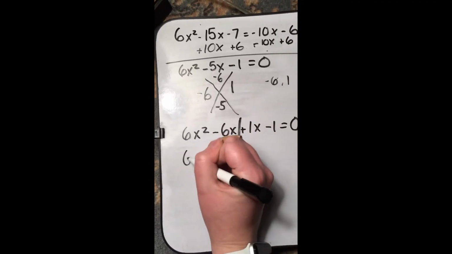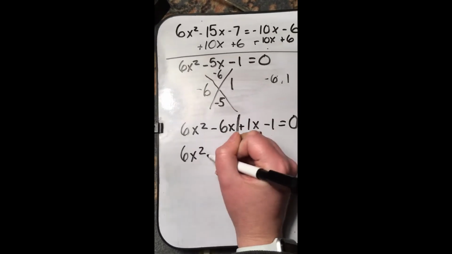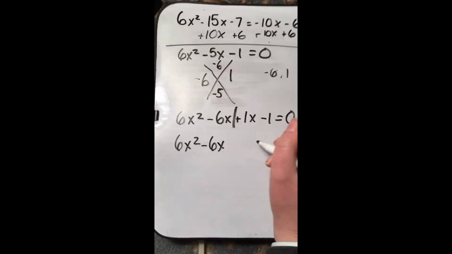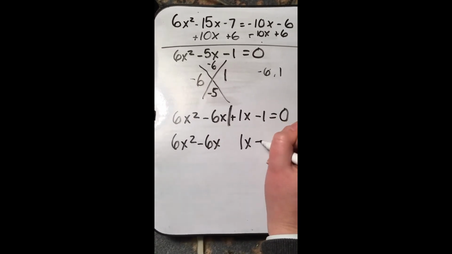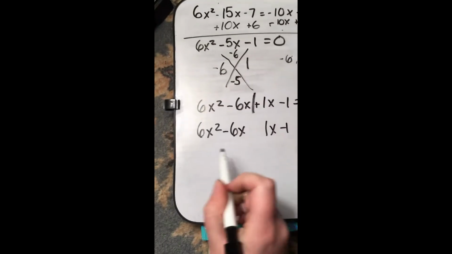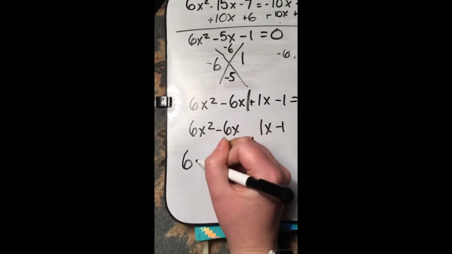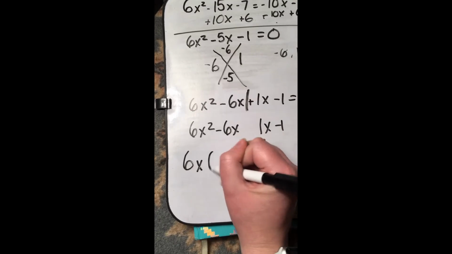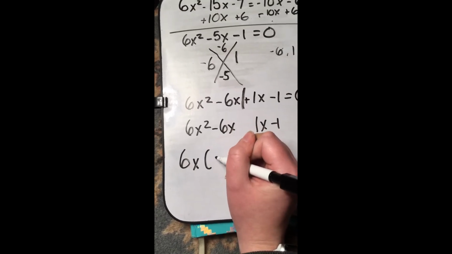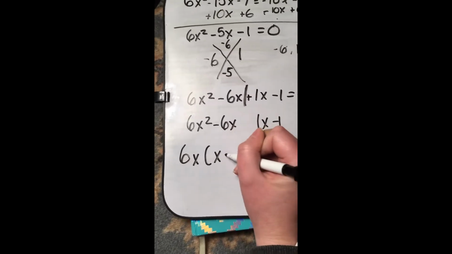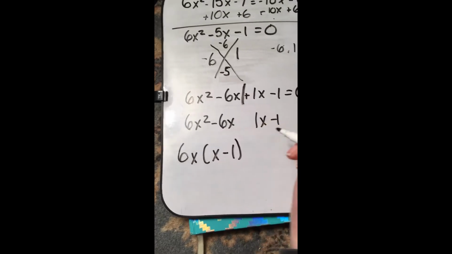So we have 6x squared minus 6x and 1x minus 1. Take out the greatest common factor from this side, so that's going to be a 6x. And when you take out a 6x, you're left with an x minus 1.